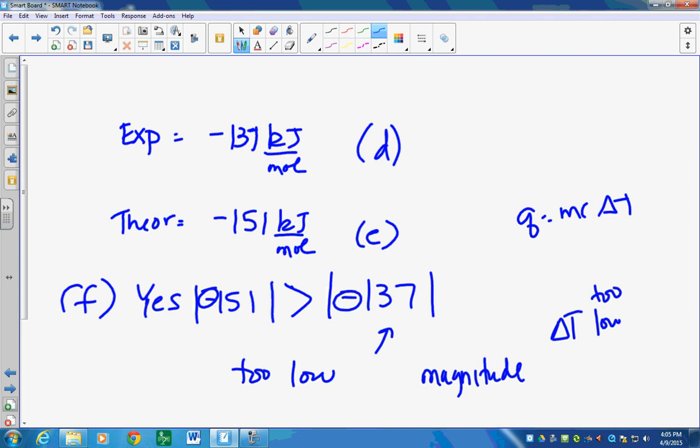And why is delta T too low? Because some of the heat leaked to the environment because we didn't have a really, really high-tech bomb calorimeter, we were using a coffee cup. And so, yes, with delta T being smaller because the heat leaked from the calorimeter into the air or the lab bench, whatever. So that's it.